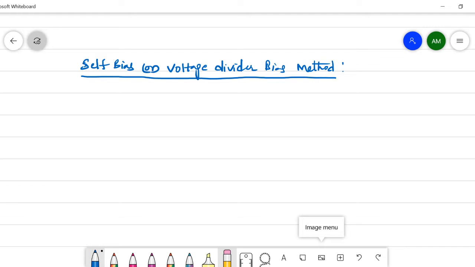First of all, draw the circuit diagram of the self-bias method. This is the circuit diagram of the self-bias method.